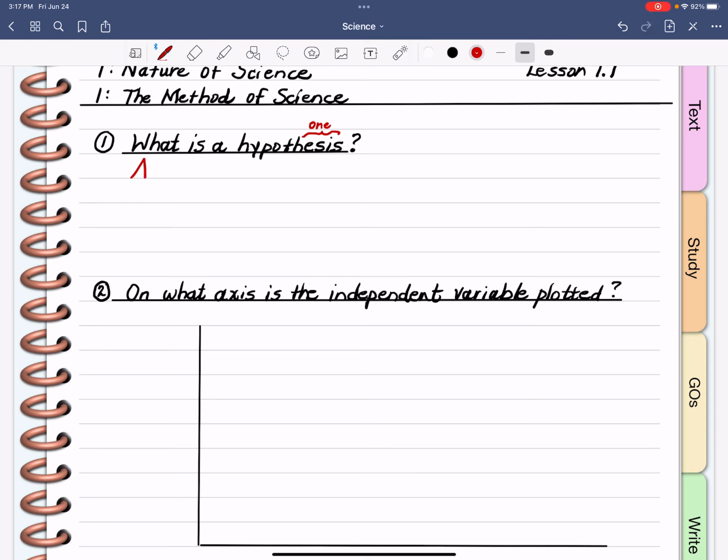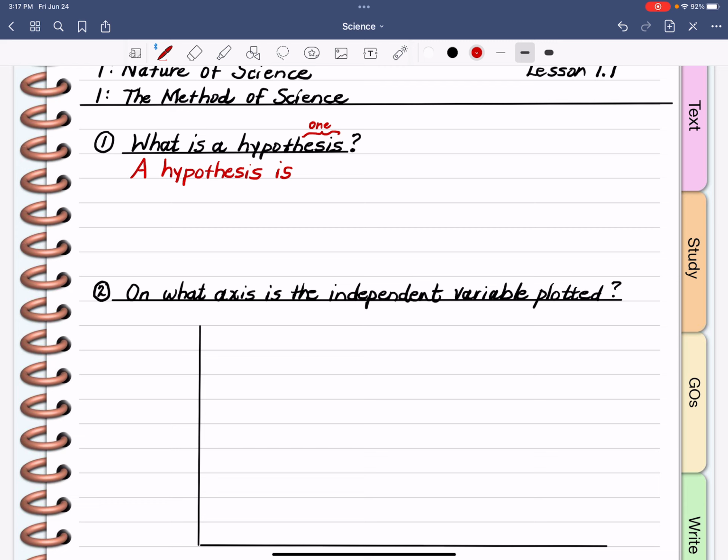So we would say a hypothesis is, so I'm just turning that question around, literally. You don't even have to remember how to spell it.